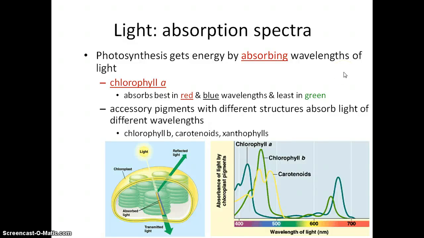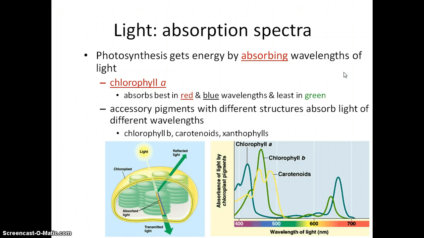So this is part 3 of Chapter 10's lecture on photosynthesis. We left off on the absorption spectra, talking about the best wavelengths of light that the different pigments can absorb.